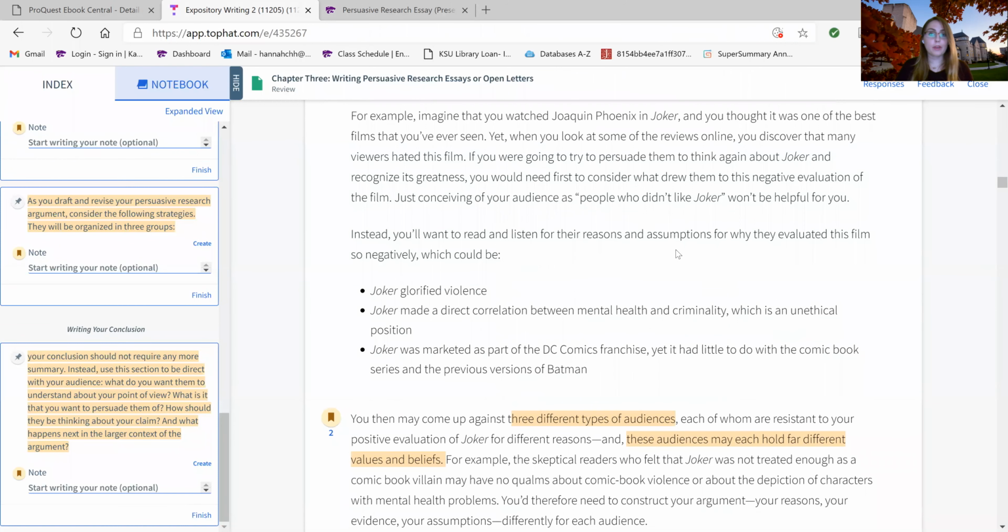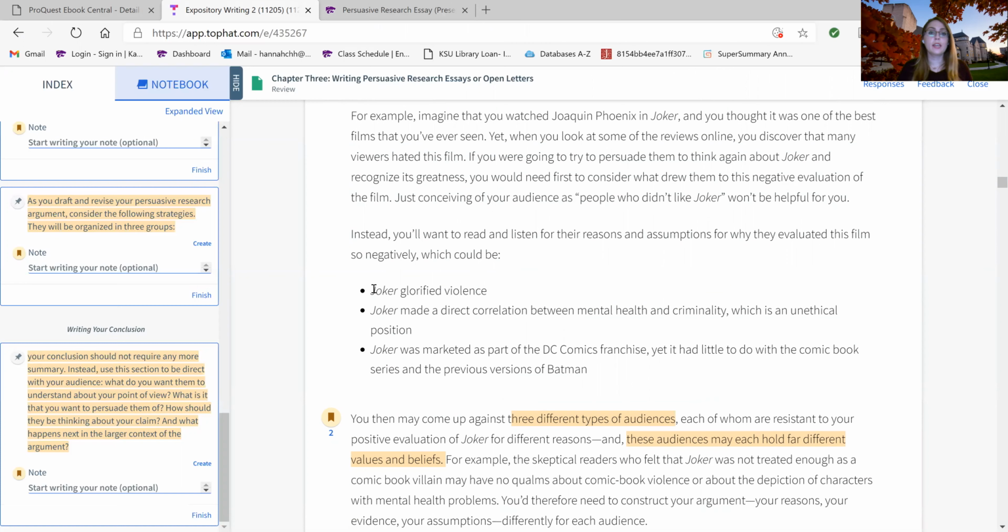So just an example of how you might use your logos in relation to your resistant audience would be if your audience watched the film Joker and they came up with several reasons and assumptions for why they viewed the film negatively.